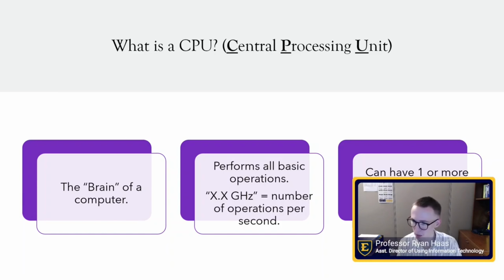So in a typical machine, processing really happens at multiple locations, but most of it is happening at the CPU and the GPU, or graphical processing unit. Now, what people don't realize is that modern CPUs are really a combination of several processors on a single chip, and each of these is called a core.